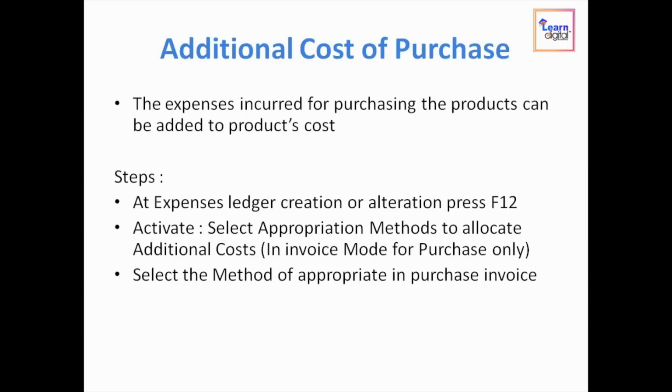Additional cost of purchase: if any products are purchased with additional expenses like loading, unloading, freight charges, transportation charges, those costs should get added to the purchase and reflected in the costing of that product. So for that we need to enable the configuration of that particular expense ledger, and this is known as the additional cost of purchase.